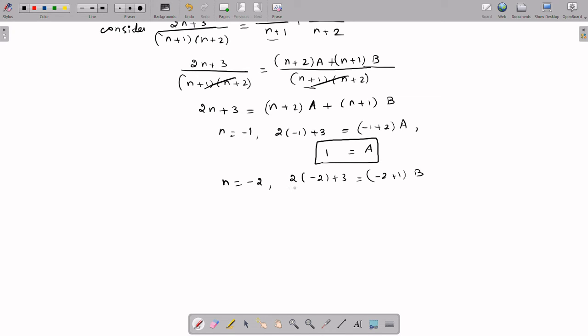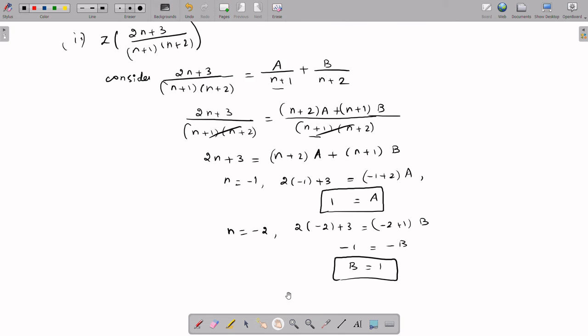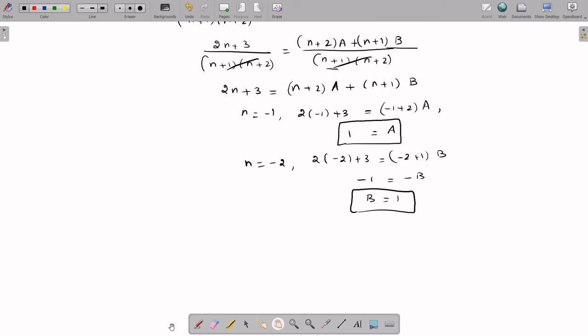Or you have minus 4 plus 3 is minus 1 is equal to minus b, or b is equal to 1. Now we have to substitute the values of a and b in this equation. Okay, call this equation number 1. So substituting a and b in 1.